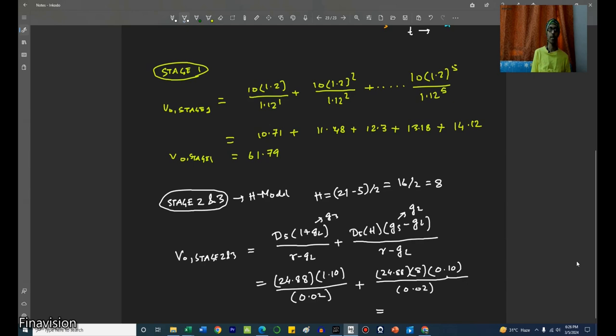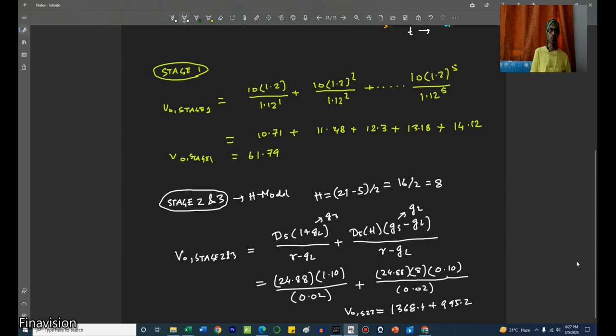So the value will be, for stage 2 and 3, I am writing in a concise form here, 24.88 into 1.1 divided by 0.02 is 1368.4, plus 24.88 into 8 into 0.1 divided by 0.02 is equal to 995.2.